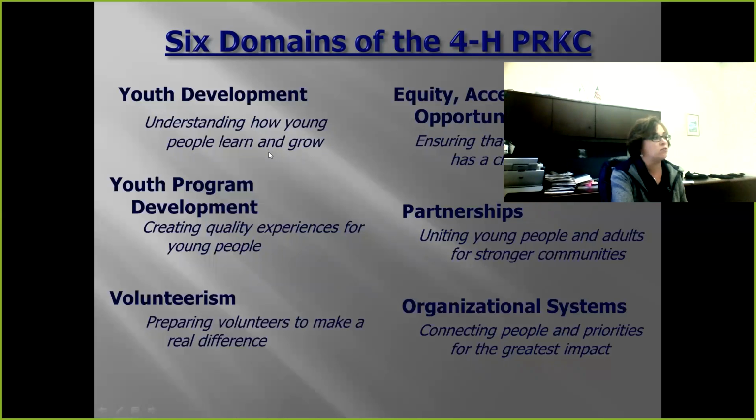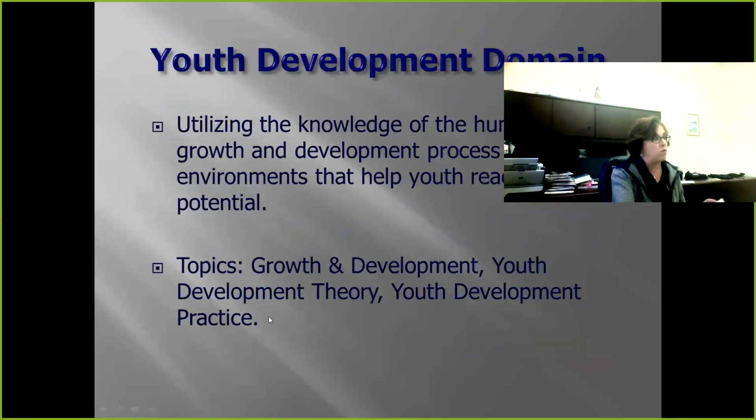Youth development is understanding how young people learn and grow. And essentially that is understanding and knowing how to apply youth development principles, which are our cornerstone to the program.